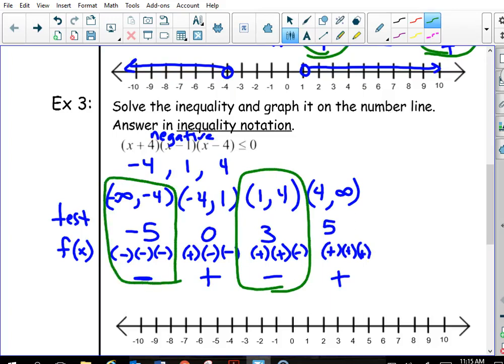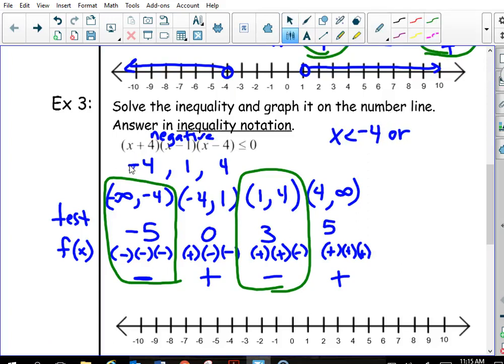And they're asking us to write it in inequality notation. Okay, so this is how that looks. For the left-hand one, -infinity to -4, x is less than -4. And they have us use or here instead of the union.